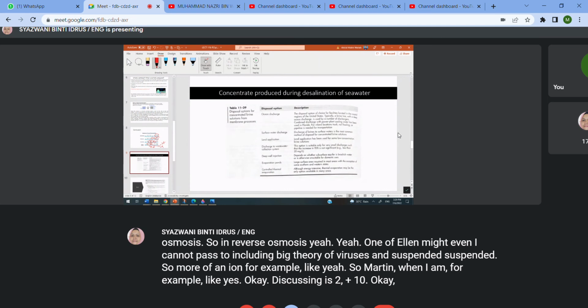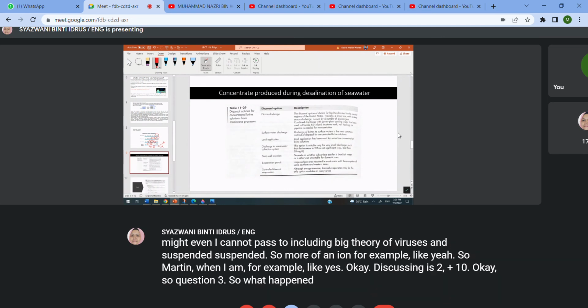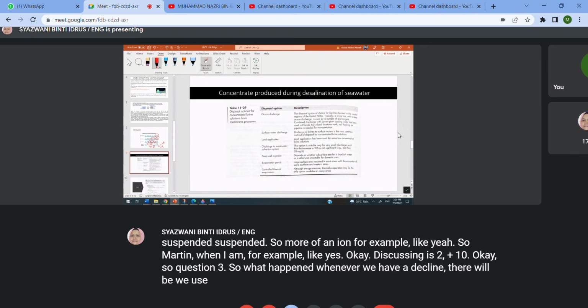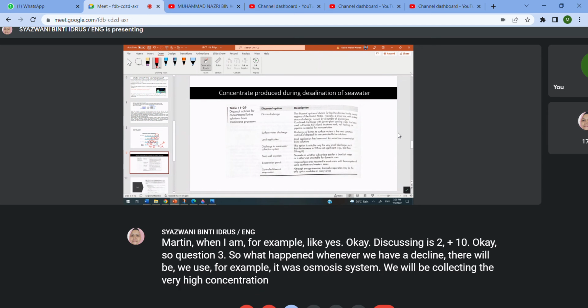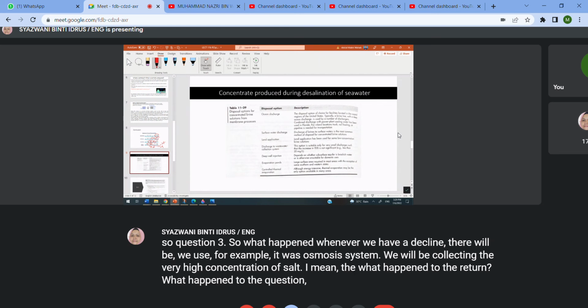So what happens to the concentrate? Whenever we desalinate the water using, for example, a reverse osmosis system, we will be collecting a very high concentration of salt. What happens to the retentate, the concentrate produced from a membrane technology?